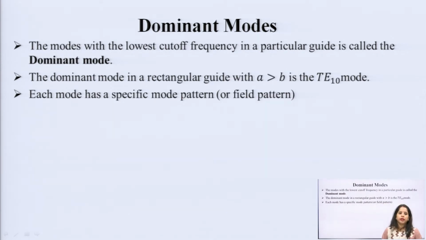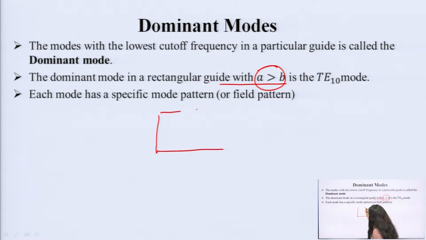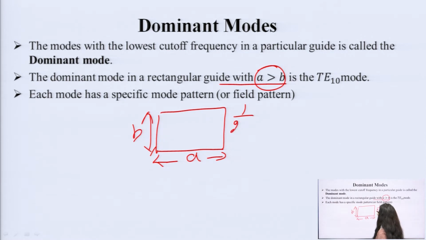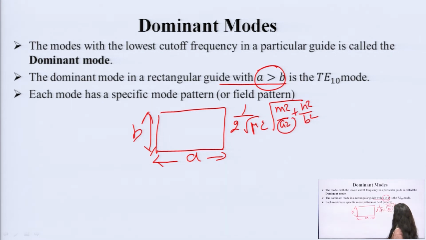Now comes the dominant mode. Dominant mode is the mode in a waveguide having the lowest cutoff frequency. Dominant mode in a rectangular waveguide, for a greater than b, the assumption which we have taken, that if we have a rectangular waveguide and this is a and this is b, because the cutoff frequency formulas always have the a and b expression.